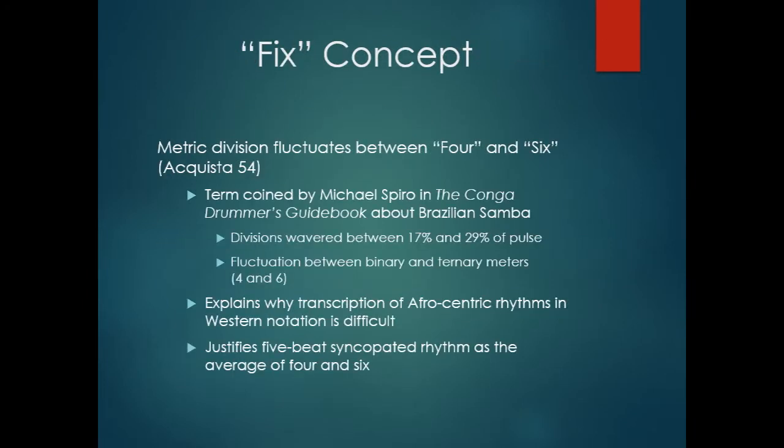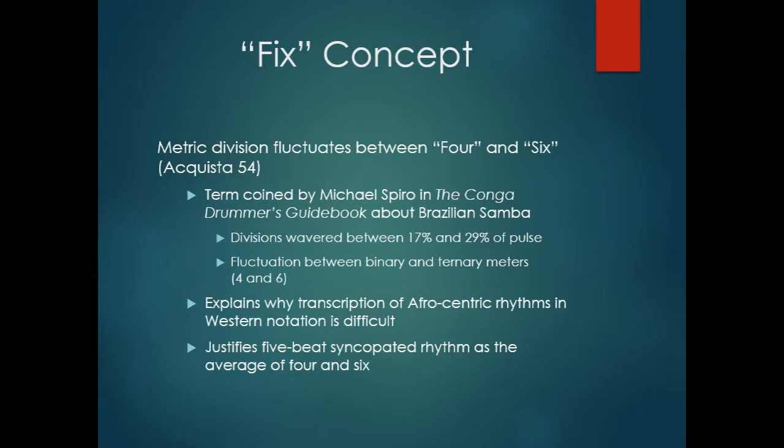So another concept to account for the fluctuation is the fix concept that was used by Michael Spiro to describe the Brazilian samba. So fix is a combination of 4 and 6. So playing between 4 and 6 produces fix.